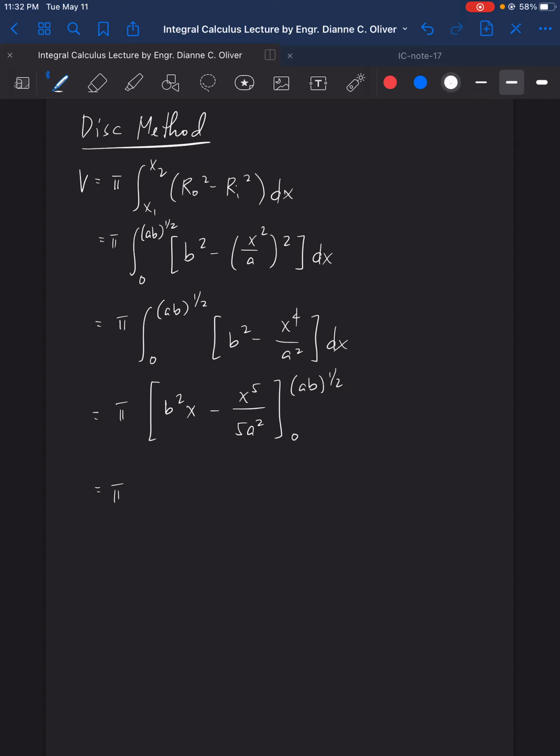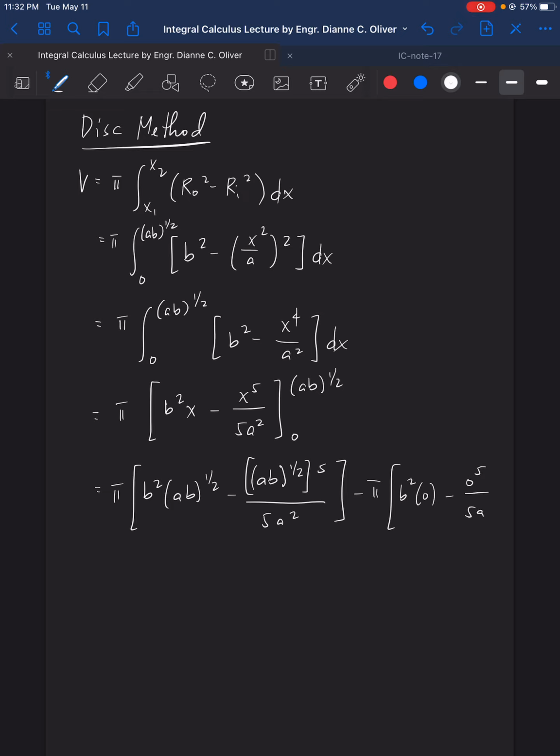So we now have pi. So b squared multiplied with ab raised to 1/2 minus ab raised to 1/2 all raised to 5 all over 5a squared minus pi of, that is already b squared times 0 minus 0 raised to 5 over 5a.